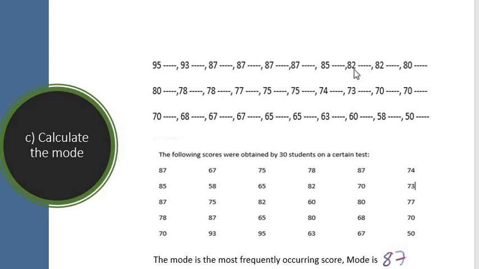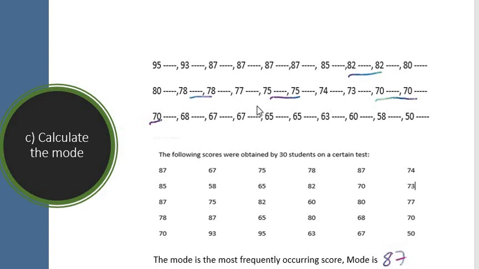The others have only repeated twice at most. 82 repeated twice, 80 repeated twice, 78 repeated twice. We have 70 repeating 3 times, but that's still not as many as 87, and so 70 will not be a mode.